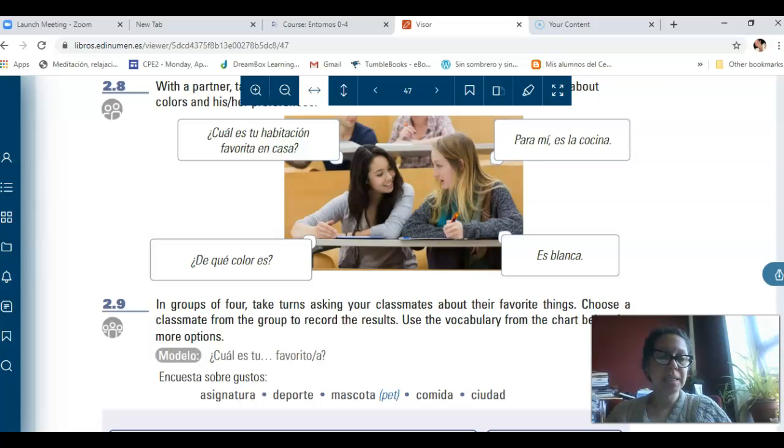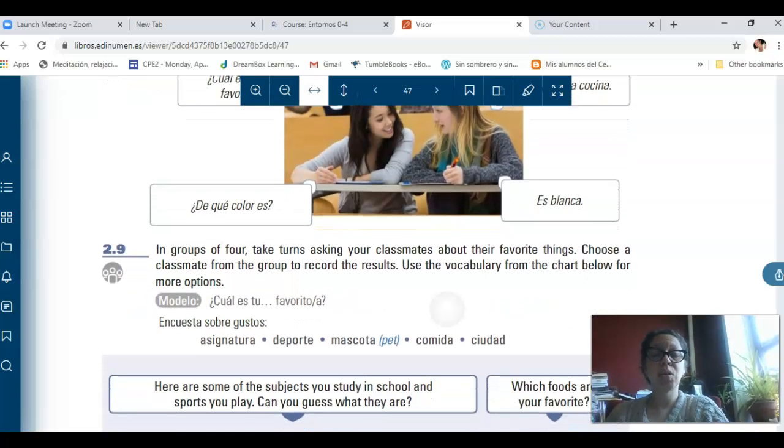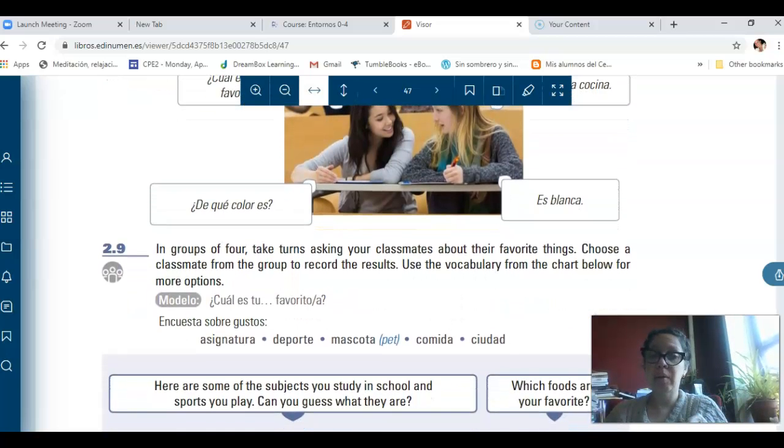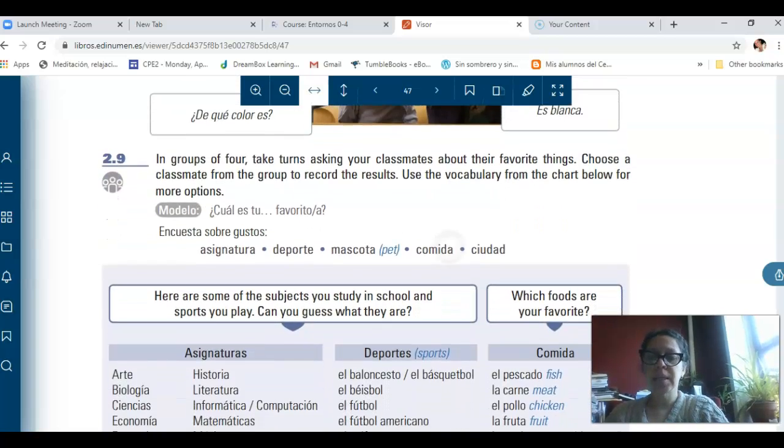Since in this case, they're talking about la cocina, when she is answering about the color, she's going to use blanca instead of blanco. And she's going to use singular because la cocina is singular. See? So, after that, I want you to keep practicing, okay, how to formulate that question.